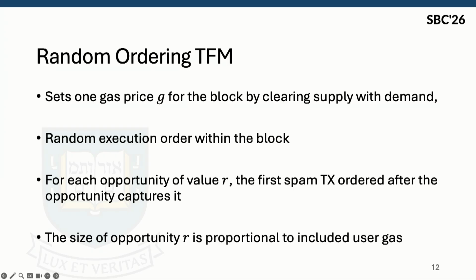We assume there are MEV opportunities for these spam transactions to grab on chain. Each of these opportunities will be captured by the first spam transaction that is ordered after the opportunity. We also assume that the size of the opportunity R is proportional to the included user transactions, as opportunities will pop up as users submit their transactions.